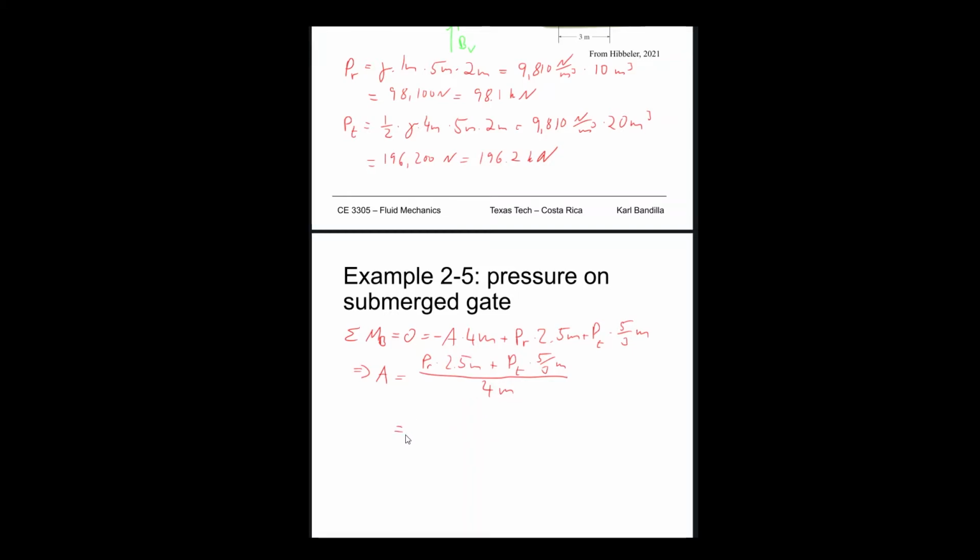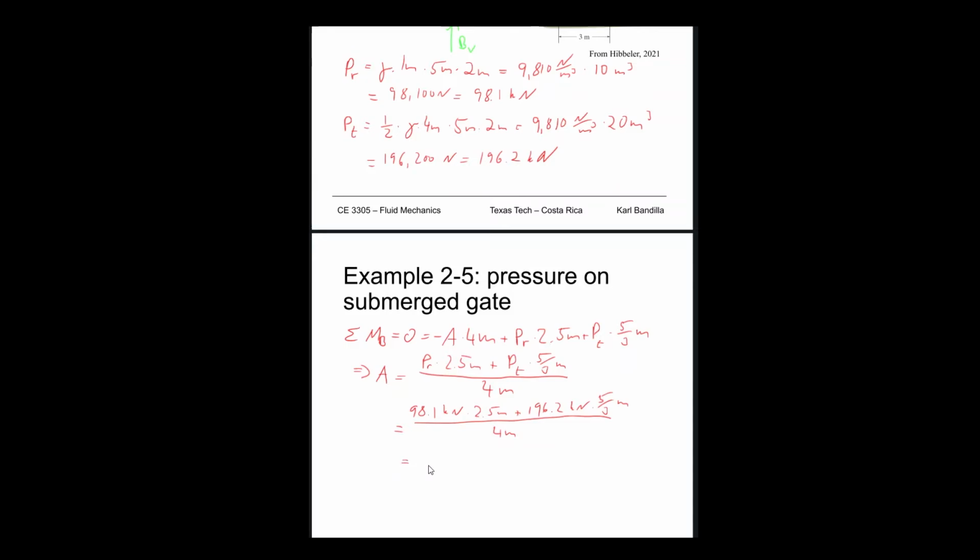And then we plug those in. We know what our PR and our PT are, and then we can multiply through, so we get 98.1 kilonewton times 2.5 meters plus 196.2 kilonewton times 5/3 meters, divided by 4 meters.